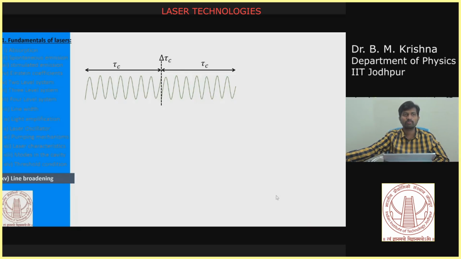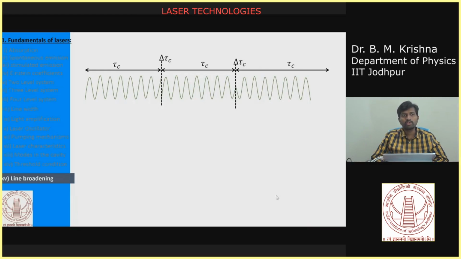The phase is abruptly changing, and at another collision the phase will again be random relative to the previous one. In these two cases, the phase is almost reversed. In this case, the phase change is different. At different collisions, you will always get a random phase.